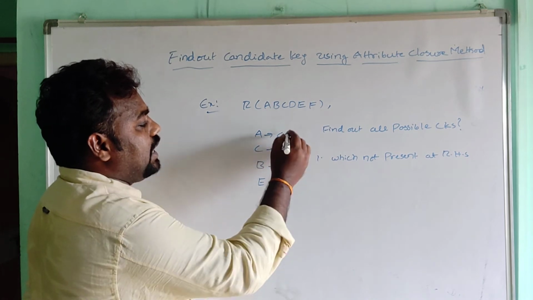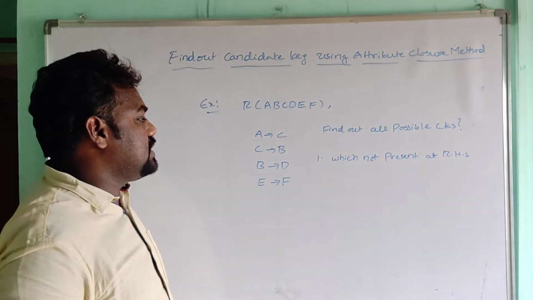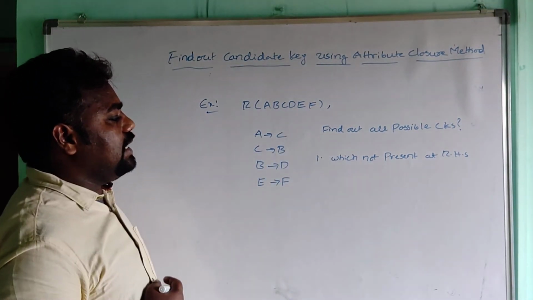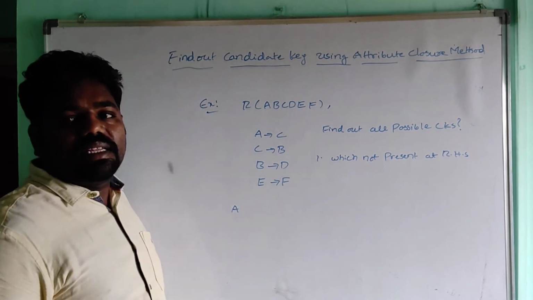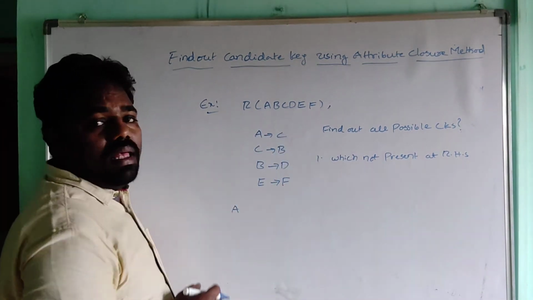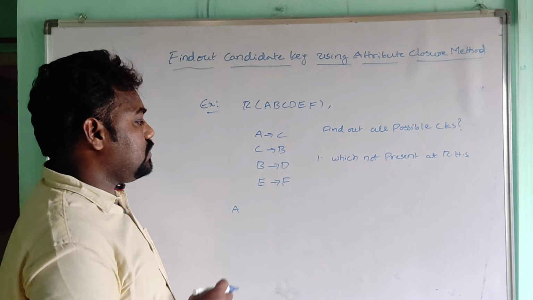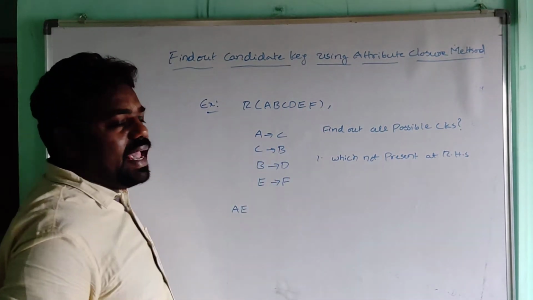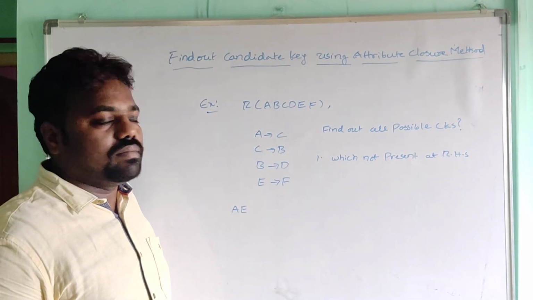By observing the right hand side of the given functional dependencies, C, B, D, F, the first, A, is not present. A is not determined by any attribute. Then the next one, E, is not present on the right hand side.